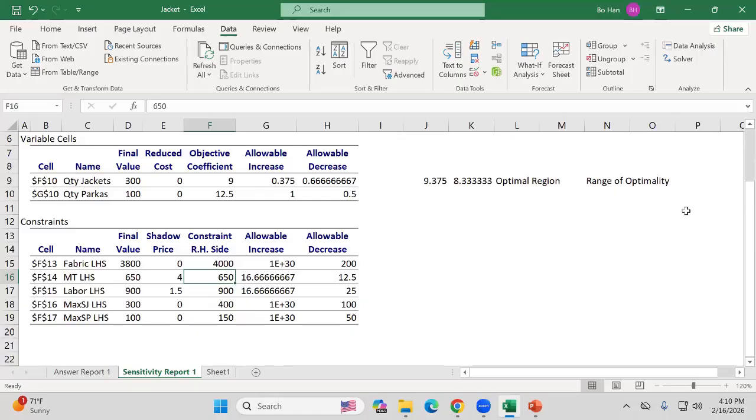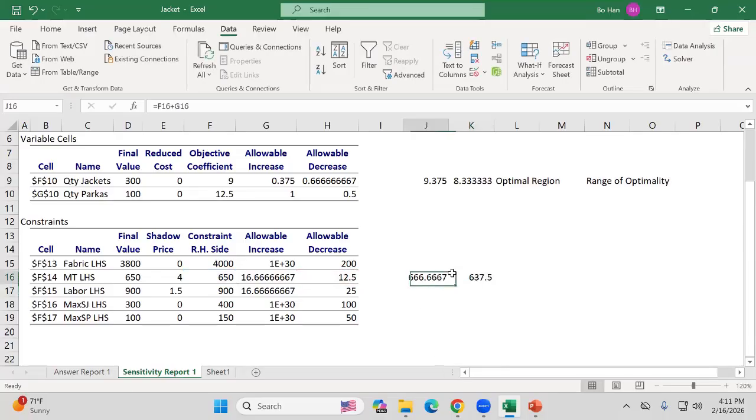Okay, let's find the cell. Let's do this. For the allowable increase, it will be 650, or you can use the cell reference, this cell plus the allowable increase. For the allowable decrease, this value minus 12.5.